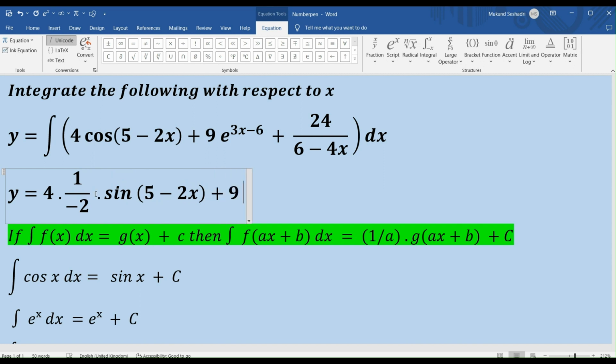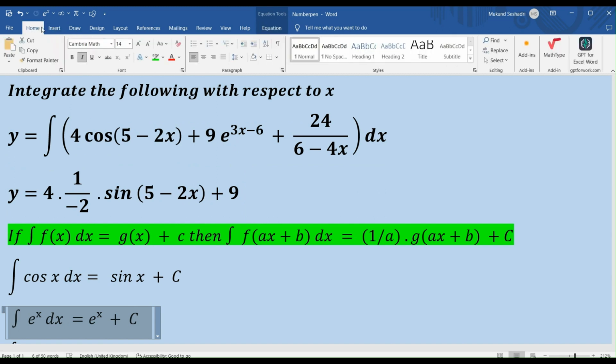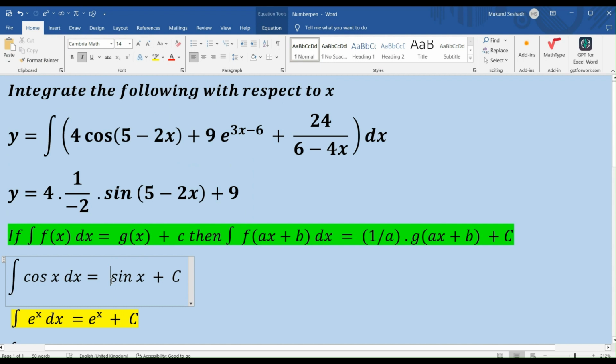I have 9 times e to the power 3x minus 6. I know that integral of e to the power x dx equals e to the power x plus c, right? This is what I've written down here. Let me highlight it. Probably I'll use a different color, yellow, for the respective integral functions that we are using. Right now I'm here in the second formula, and I draw a parallel to ax plus b.